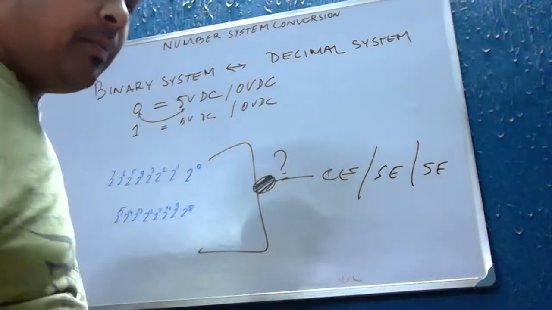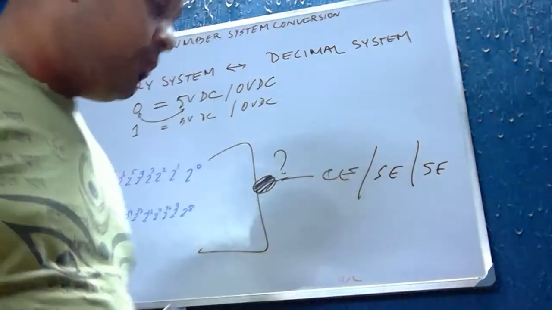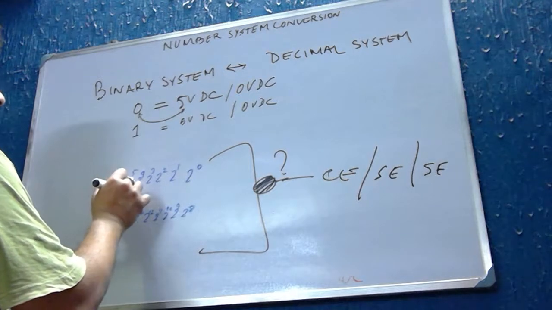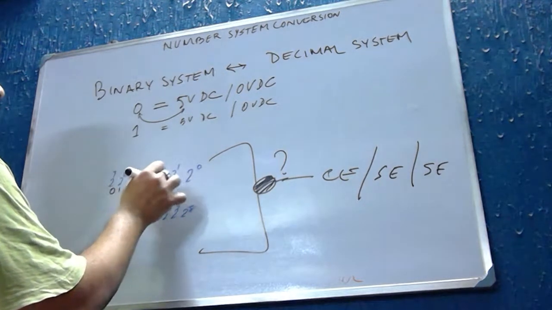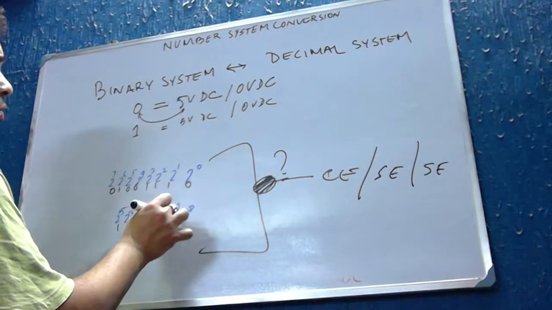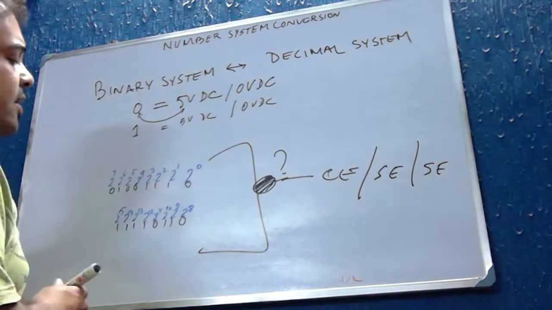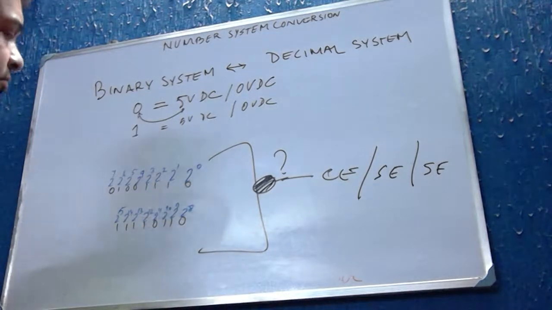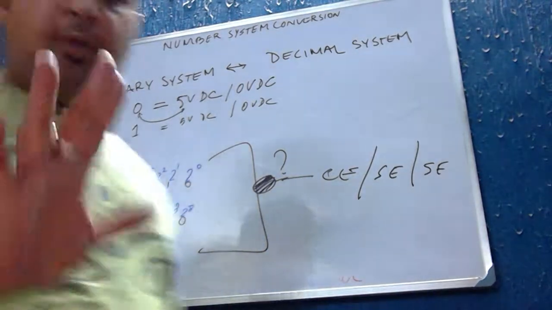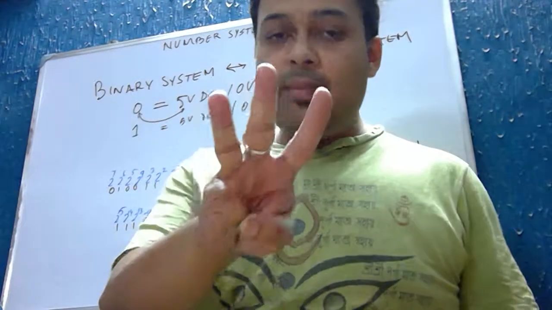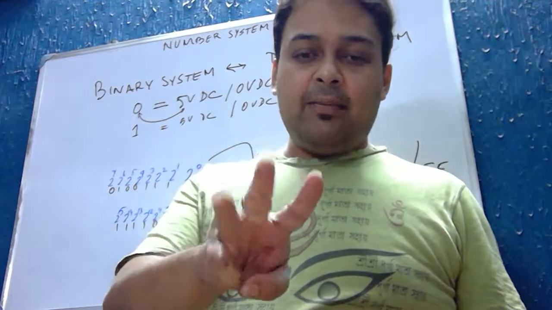If you have a binary number like the one I'm going to give you right now, 0, 0, 1, 1, 1, 0, 1, 1, 1, 1, 0, 1, 0, you're just going to multiply each and every one.